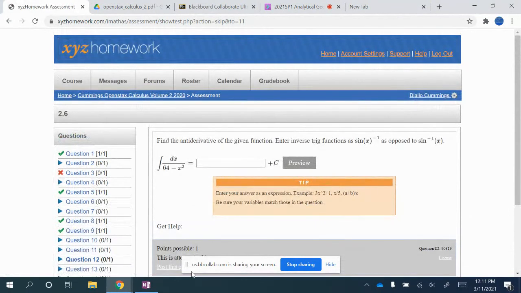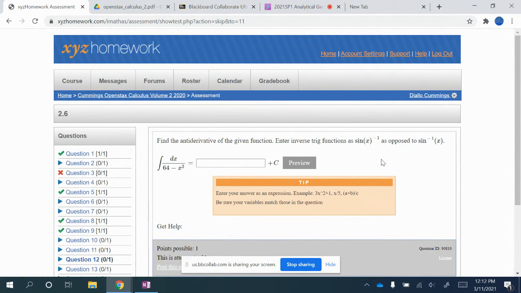Now for problems 12, 13, and 14, we're asked to integrate our functions. And notice in the directions, they tell us to use the inverse of hyperbolic sine.